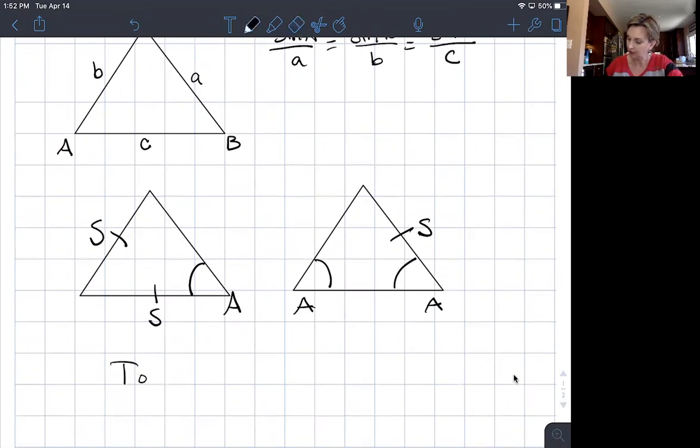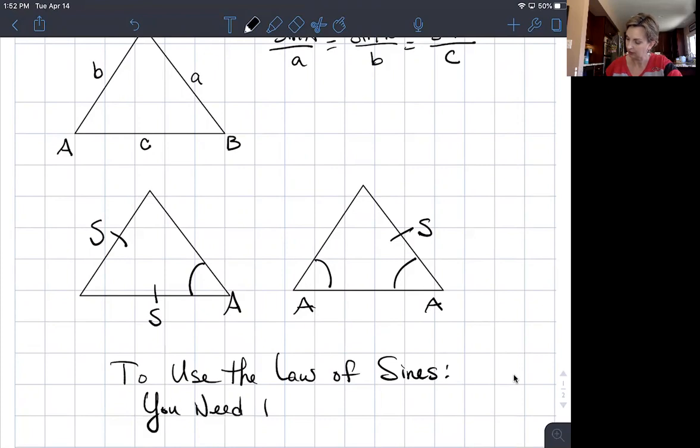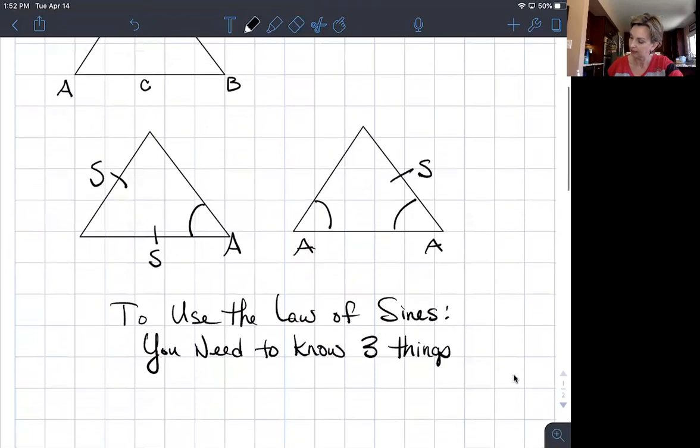So to use the law of sines, you need to know three things about the triangle. And at least one of those things has to be a side.